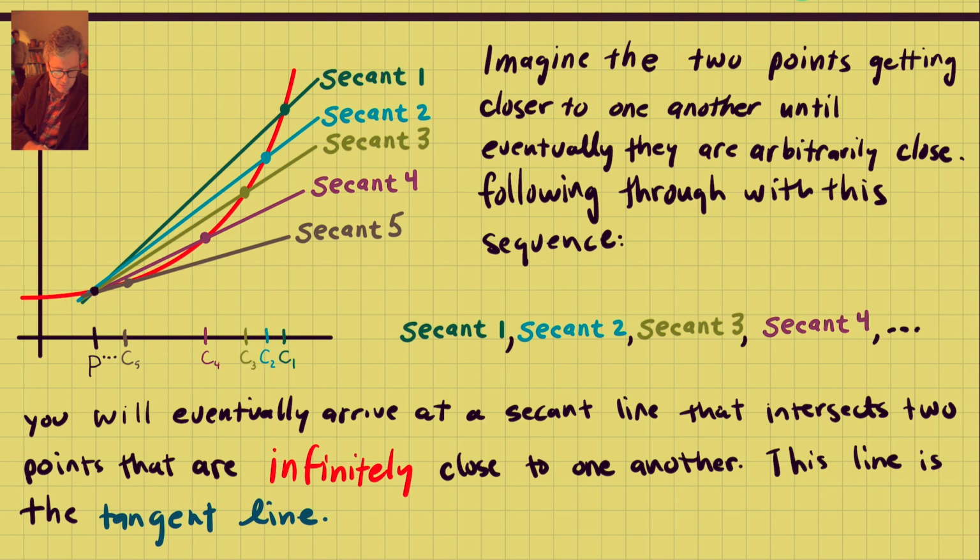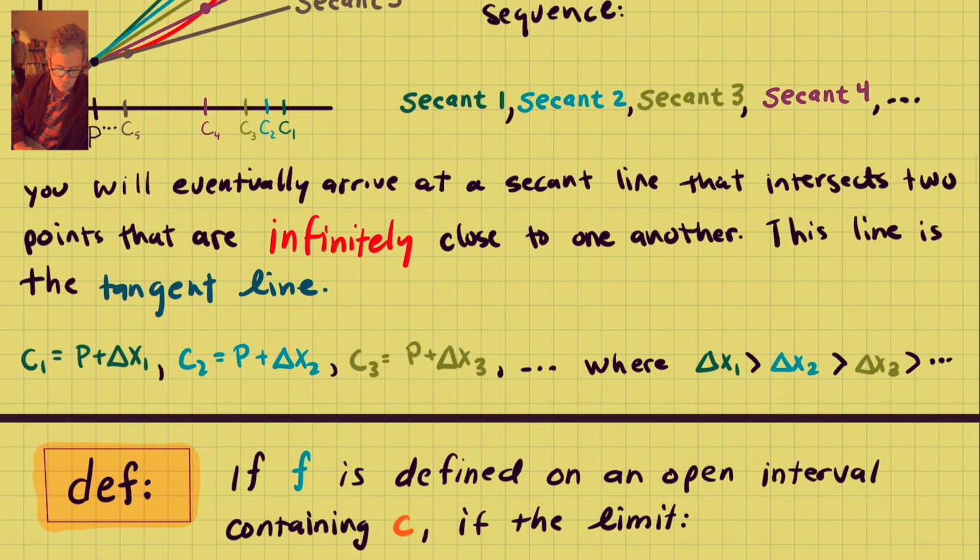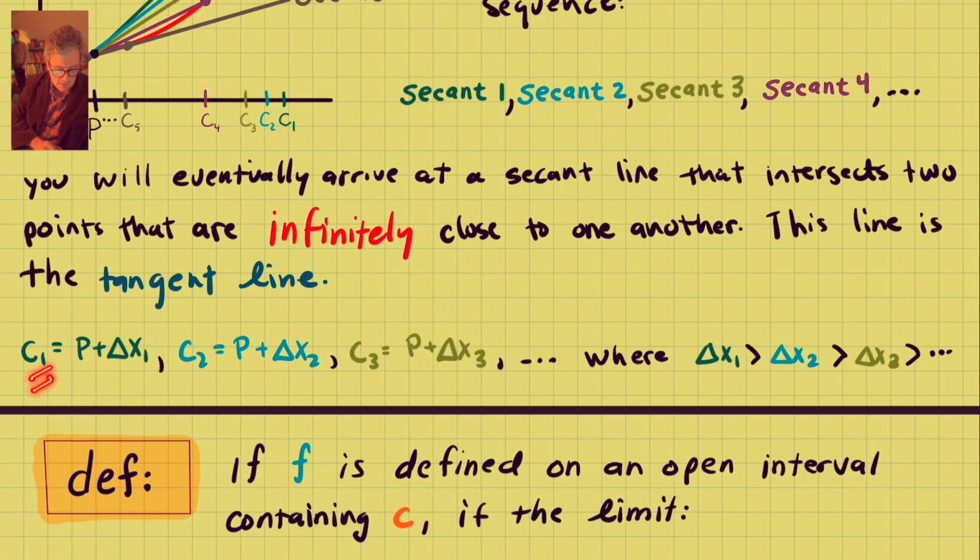Okay, so you can clearly see that between P and C1, they're going to have some delta X. And between P and C2, you're going to have another delta X. And those delta X's are going to get smaller as I move closer and closer to P. So another way to think about these C's is that C1 is basically P plus a delta X. C2 is going to be P plus a different delta X. C3 is going to be P plus yet a different delta X. And now these delta X's are all getting smaller, aren't they?